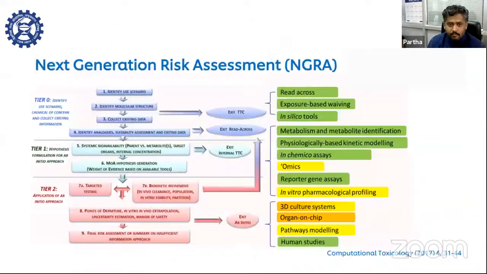So we started moving to next generation risk assessment tools. This slide I recently borrowed from computational toxicology, with the reference cited at the bottom. There are a couple of different approaches people have started working on for next generation risk assessment. One is identifying the scenario and the molecular structure of the compound you are interested in.